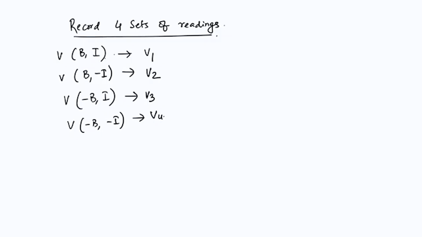Okay. So now using these data that you have in the lab, your VH in terms of V1, V2, etc., can be written as V1 minus V2 minus V3 plus V4 and so on, divided by 4.